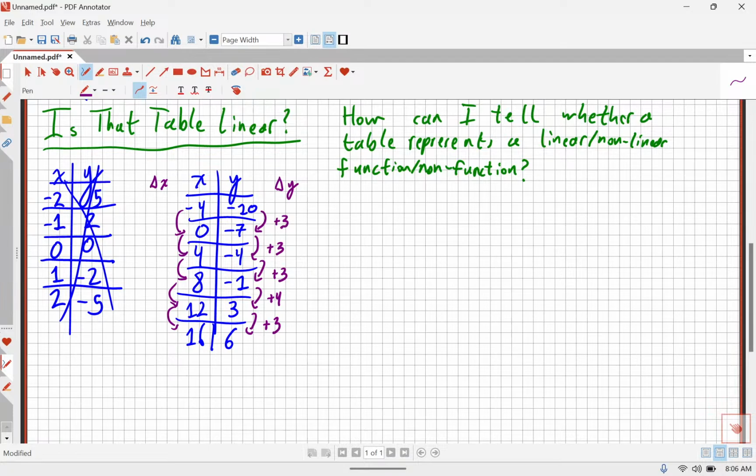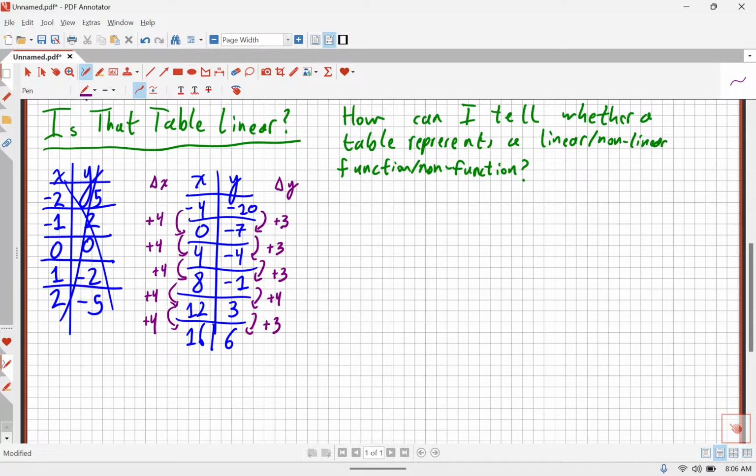Now, guys, is this necessarily bad news? No, it might be linear even though I have a different change in y, as long as this works out over here. This is an increase of 4, increase of 4, increase of 4, increase of 4, increase of 4. So is this linear or nonlinear?